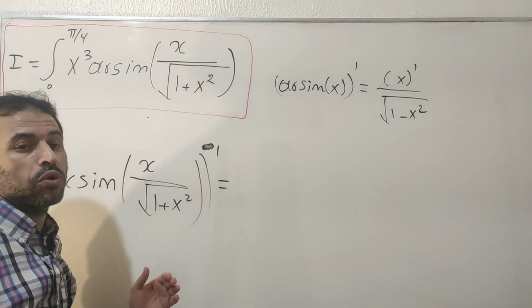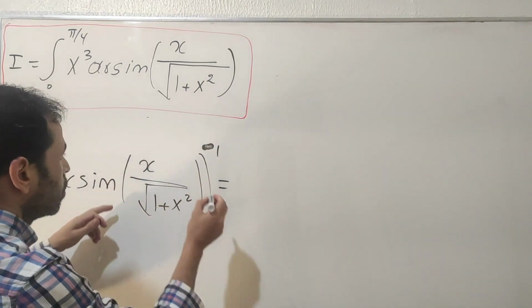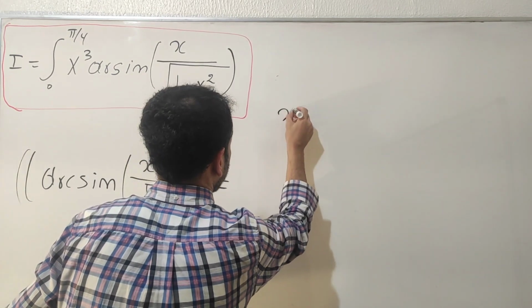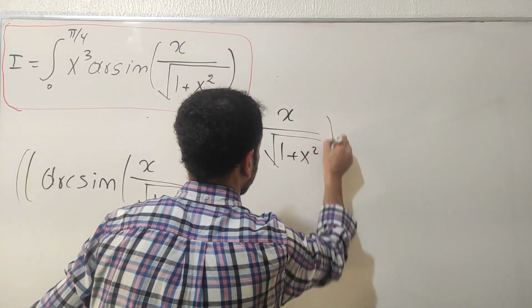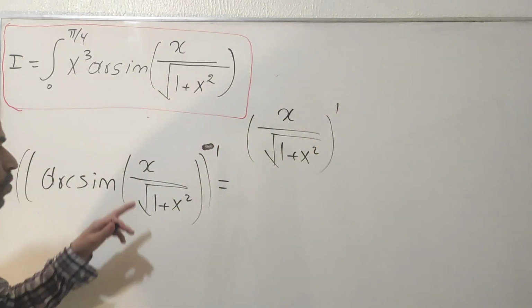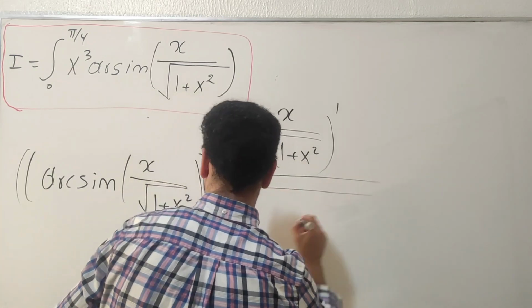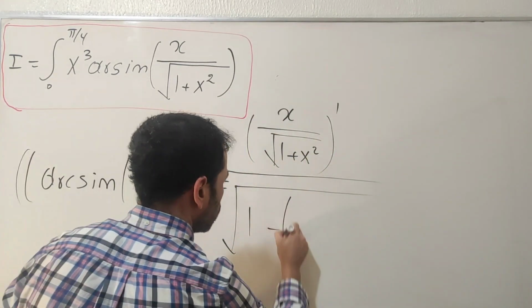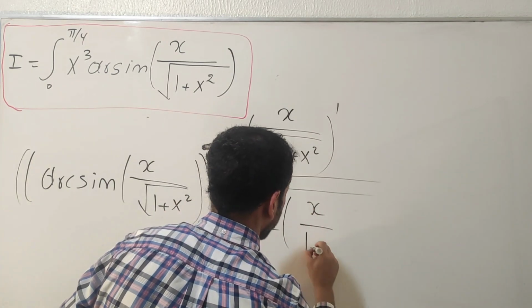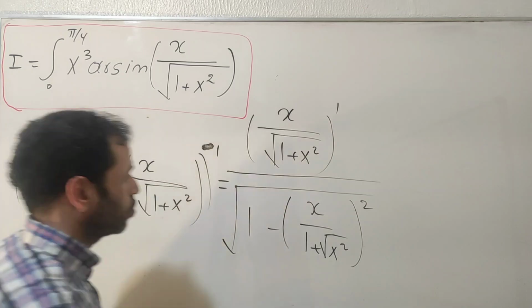The derivative of x over the square root of 1 plus x squared, over the square root of 1 minus the whole thing, which is x over the square root of 1 plus x squared, all raised to the power of 2.